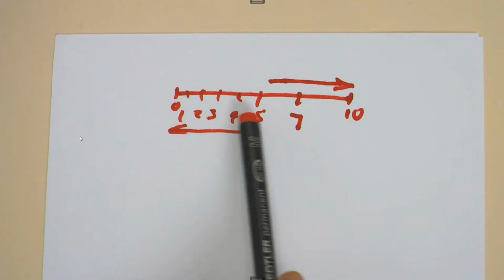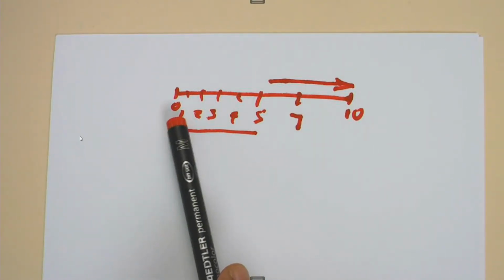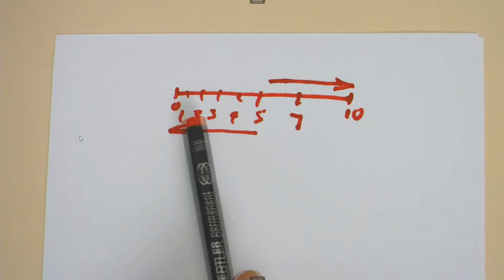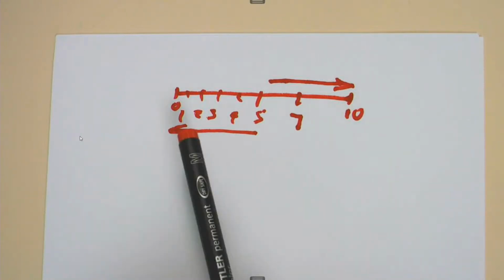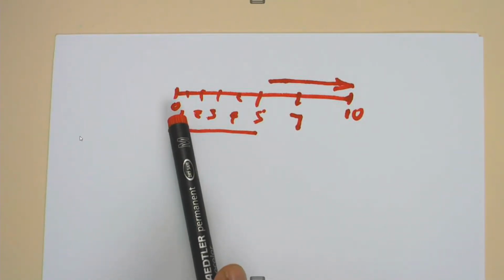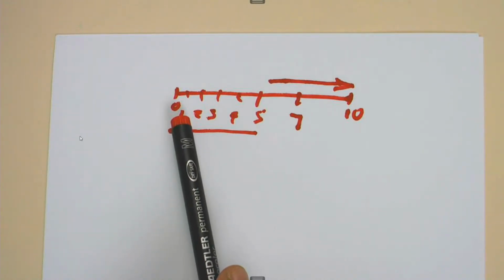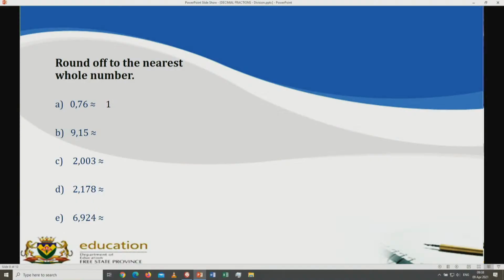You don't need to go to the next whole number. You just go back. You remain on your whole number. You don't go up. You remain there. That's why you are saying go back to where you were. So what does this mean? It means that we are going to have to remain at 9. That is why our answer is 9.